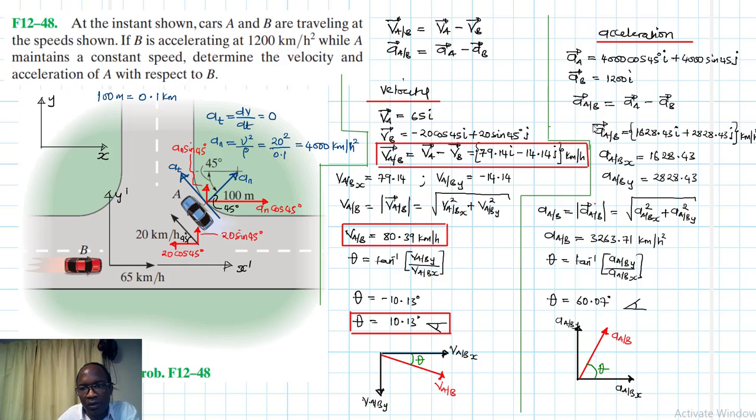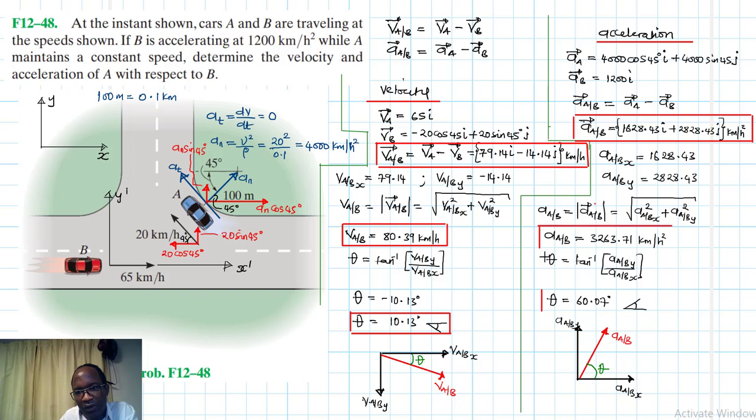So there we go, we have our relative acceleration, as observed from B. We have the magnitude of our acceleration and the angle there like so. I think this is about it.